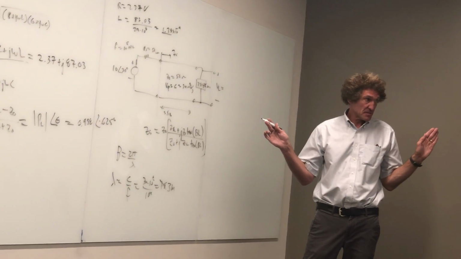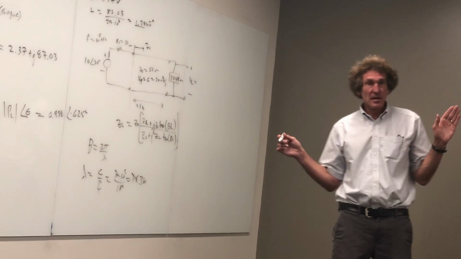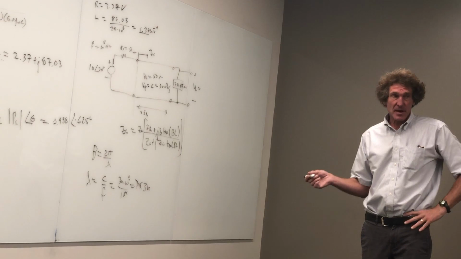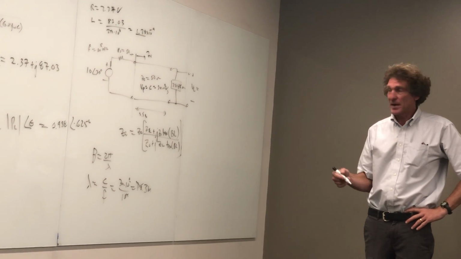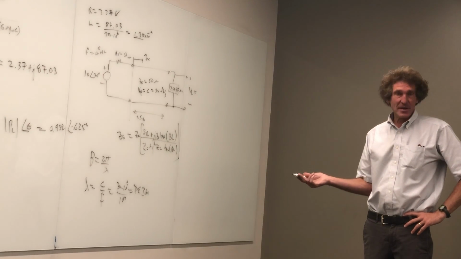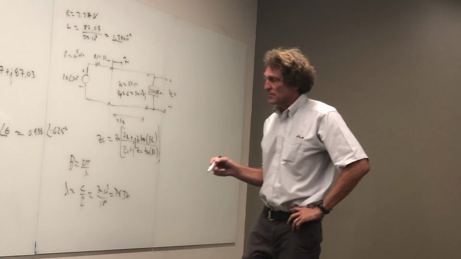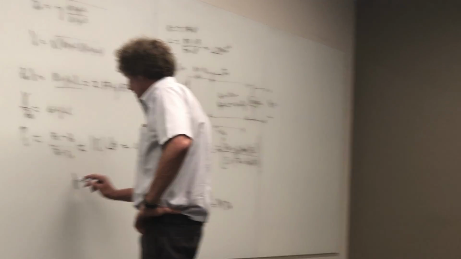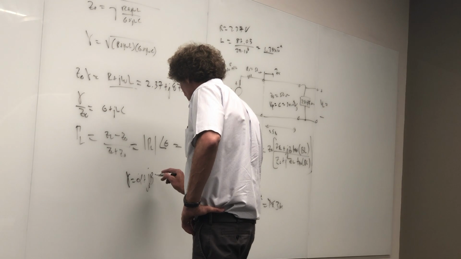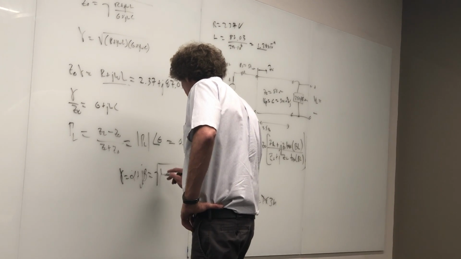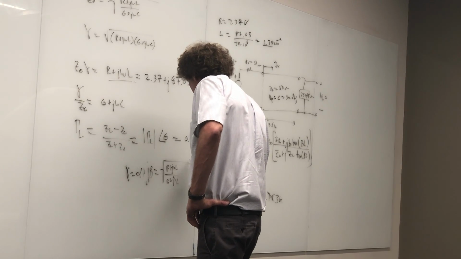Follow me how I got it? It's lossless. Normally to calculate wavelength, you know that wavelength times beta is 2 pi, and you take 2 pi over beta. But we don't have beta. We're putting beta in terms of wavelength. So we can also default to the fundamental formula, where gamma is equal to alpha plus j beta, which equals the square root of (r plus j omega L) over (g plus j omega C).